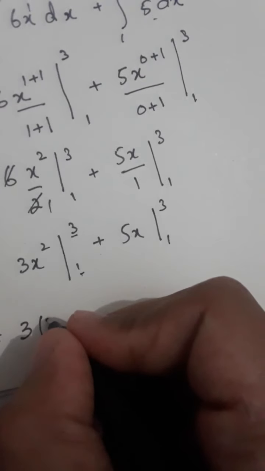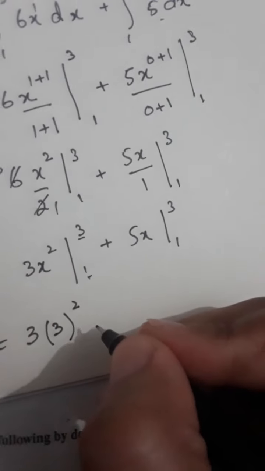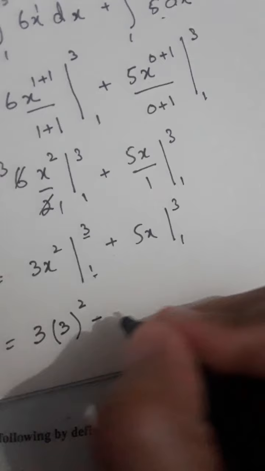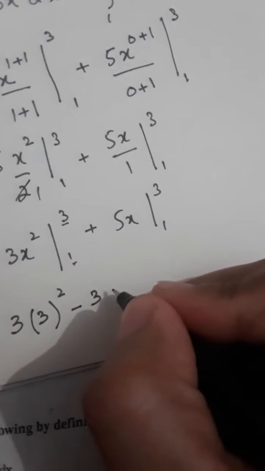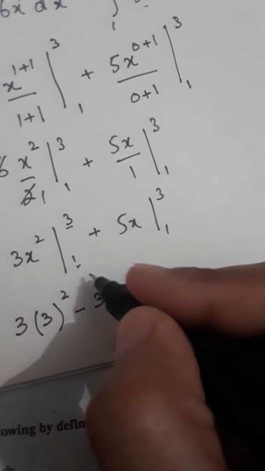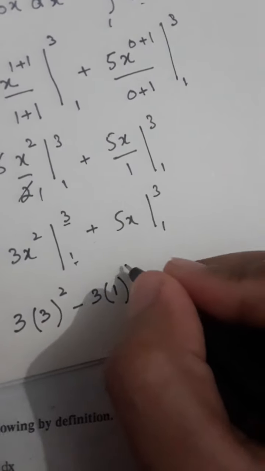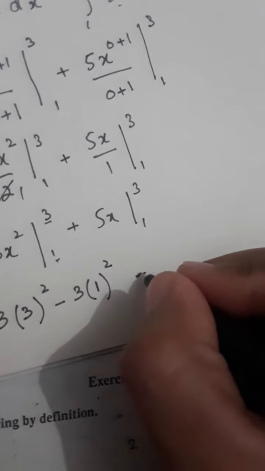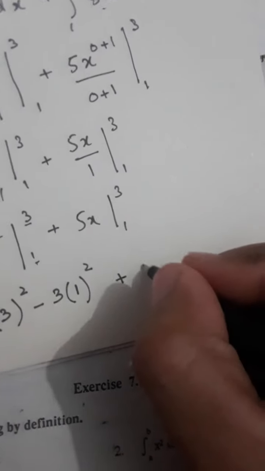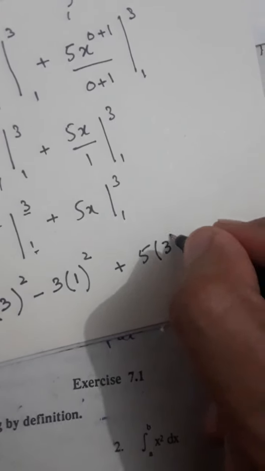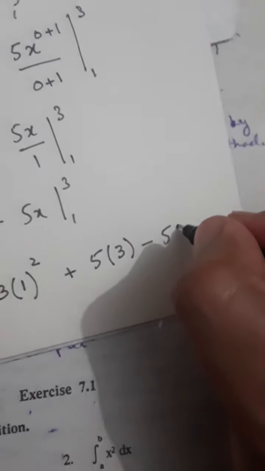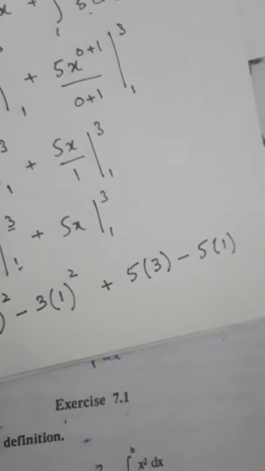So I'll be replacing x with 3 and the square will be written as such. Then I'll be inserting a negative sign and writing the same function again, and instead of x I'll be writing 1 and the square. Plus here the next function 5, and instead of x I'll be writing 3, then minus, the same function again, 5, and instead of x I'll be writing 1, the lower limit.